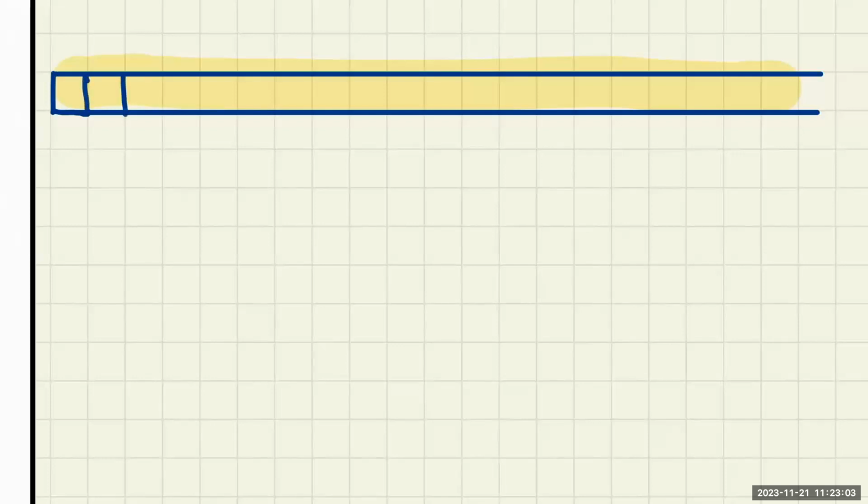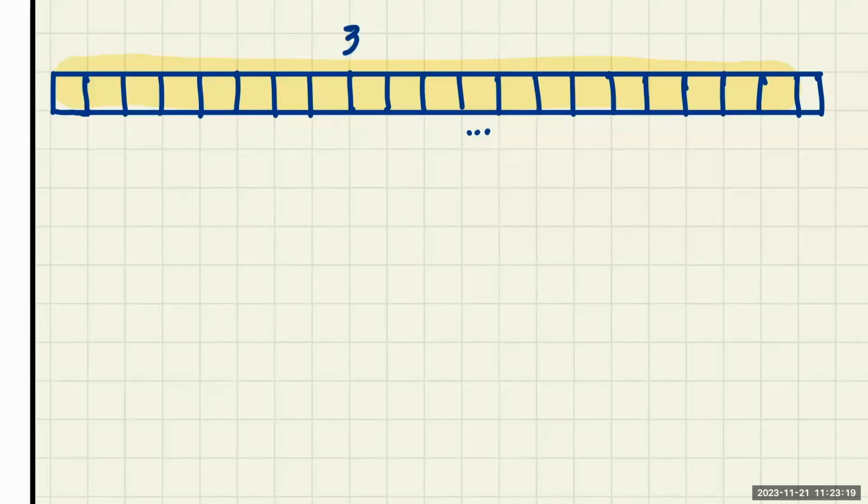You will have to put the number in your slot, with all this space where you put 0 and 1, 0 and 1.